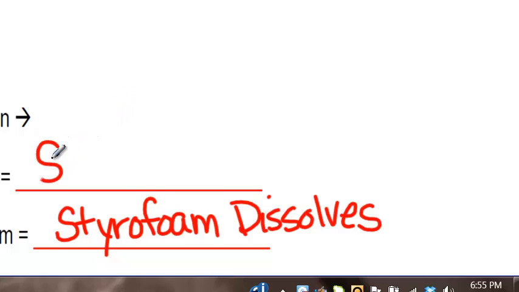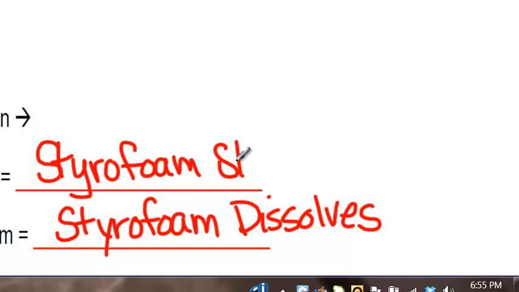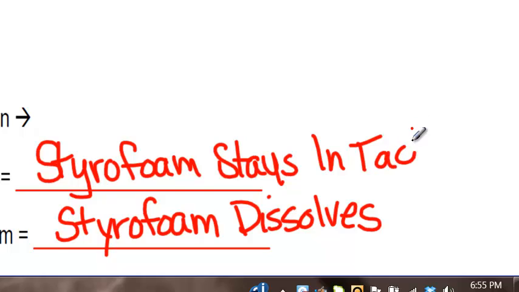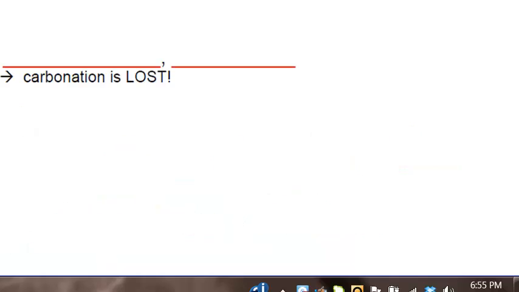So the styrofoam stays intact. And that goes back to the type of bonds that are present in the molecules.